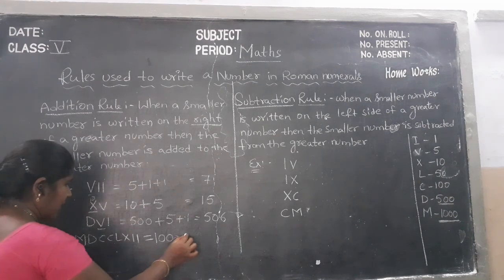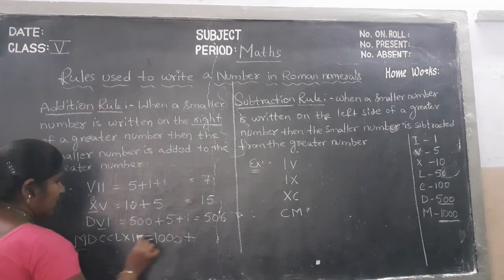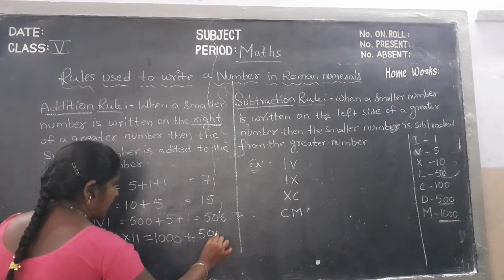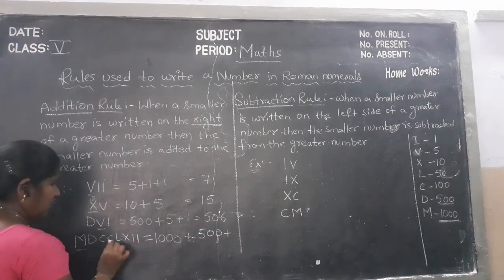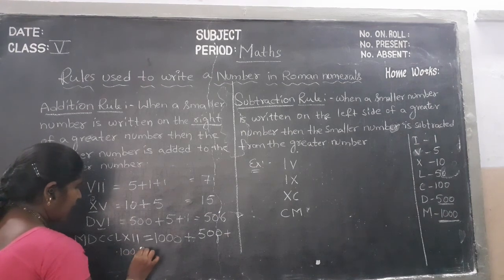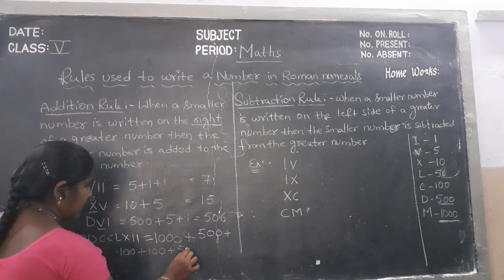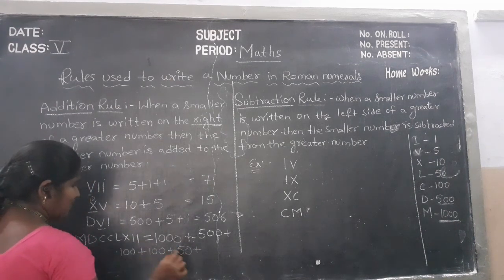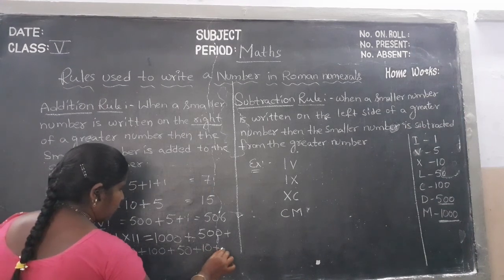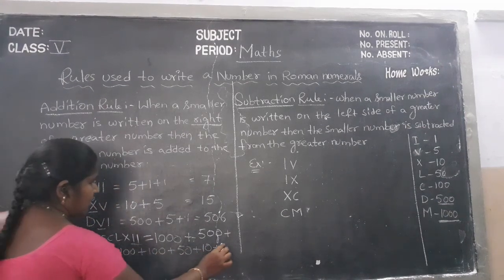M means 1000, D means 500, plus C means 100, and again C 100, plus L means 50, plus X means 10, and after that we have two ones, which is 2.